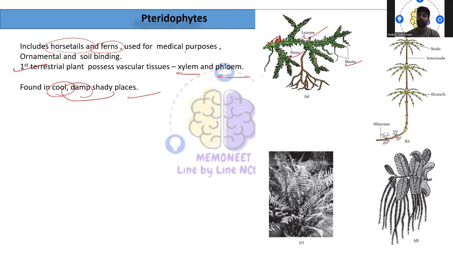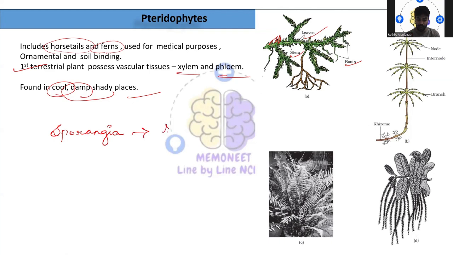The pteridophytes also bear the sporophytes, and the sporophytes bear sporangia, which will be present submerged in the leaf.